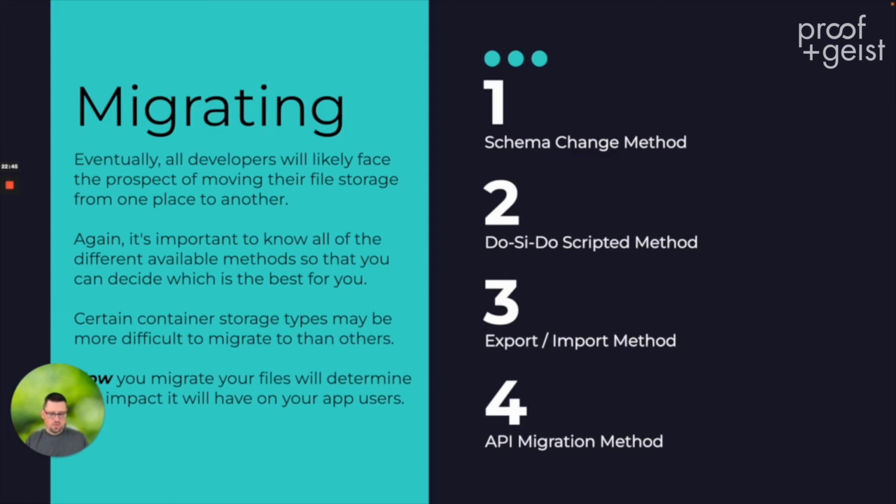And then 4 is the API migration method, which only applies if you're switching to linked container storage. But this is basically, you know, you have your original container field, you have your link field, you write a script that loops through each record, uploads it to your third-party API content network, and then stores that link, moves on to the next record.